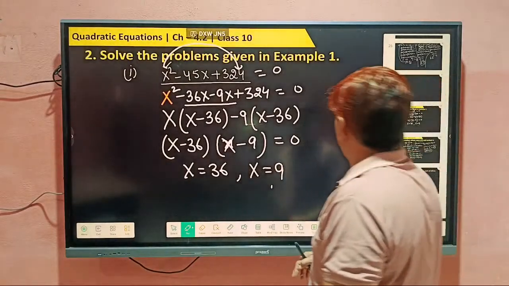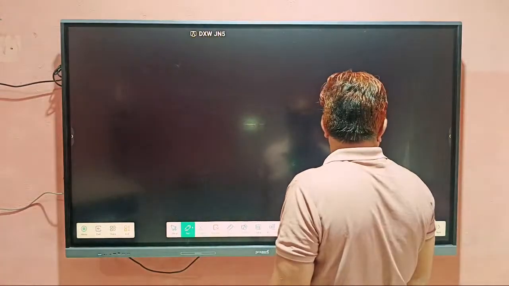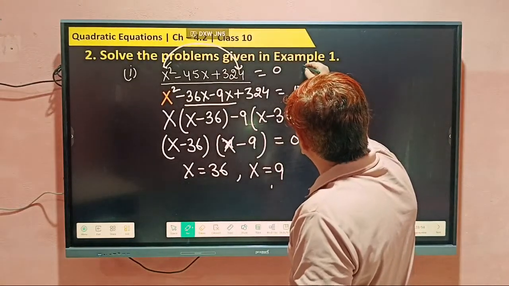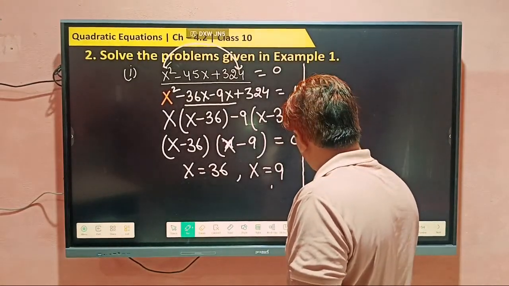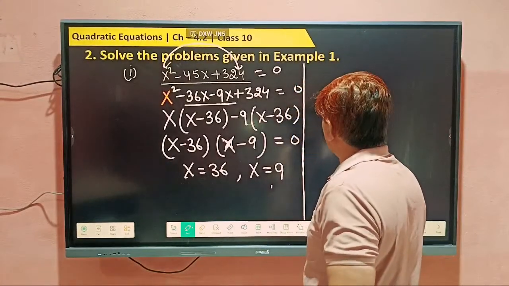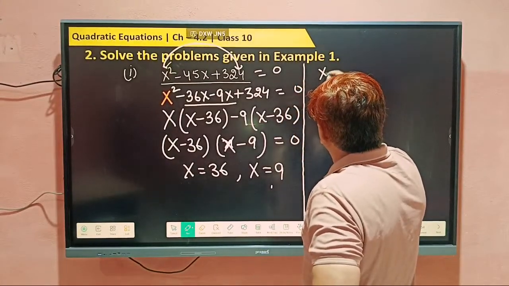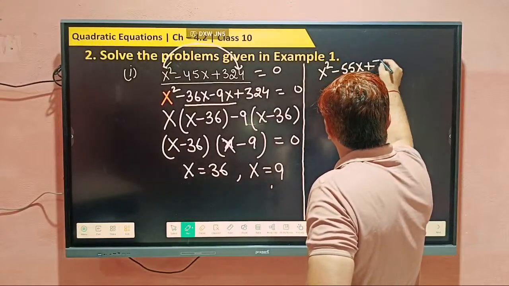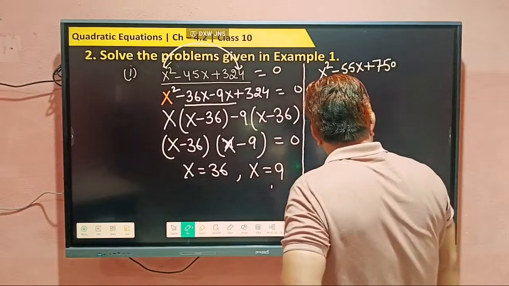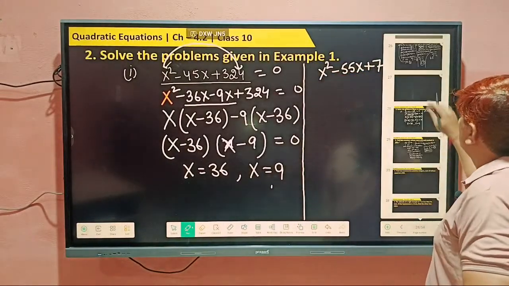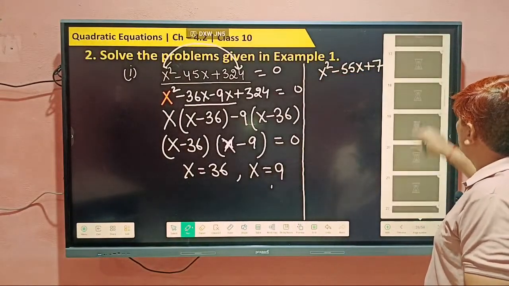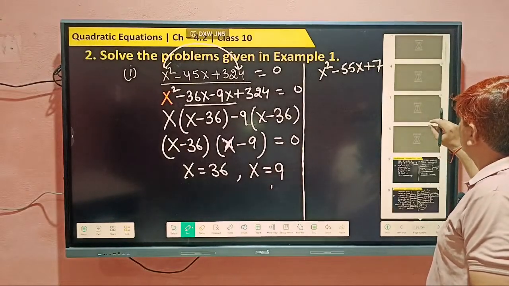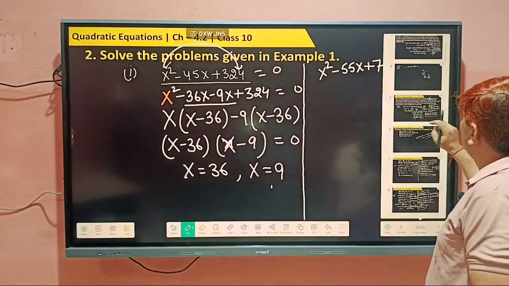This I told you. Now, what's the second part of it? x square minus 55x plus 750. This is given. If you want to check again, check here, given in number 5.